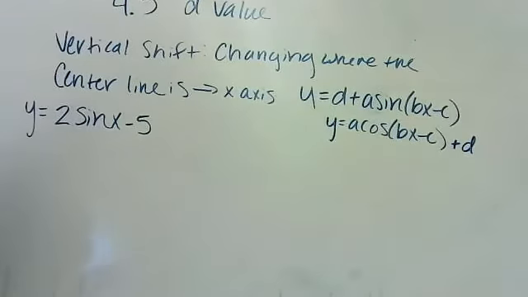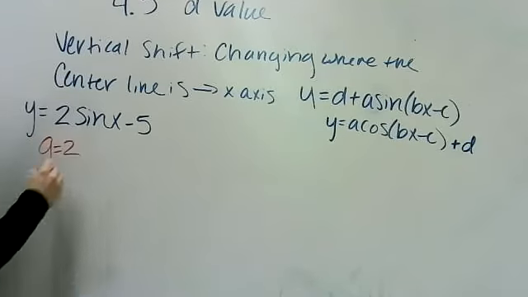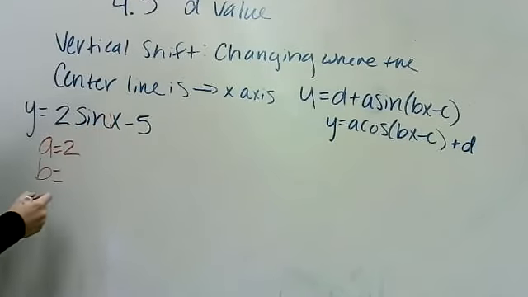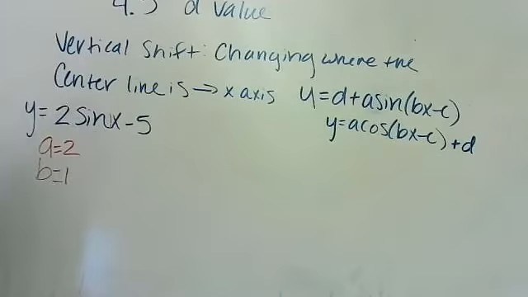So when we're trying to graph this, of course, we want to identify our A, B, C, and D now. A equals 2, B equals whatever's out in front of this x, so that's a 1. There's no parentheses here. Again, if it was a C value, it would be attached to the B and the x in parentheses.